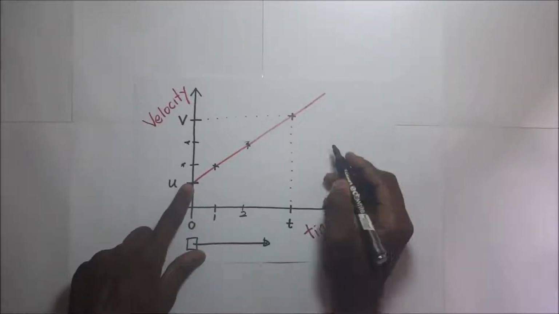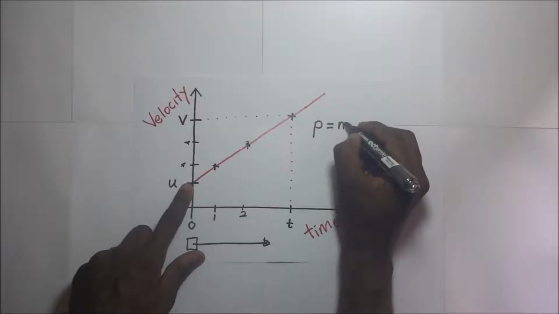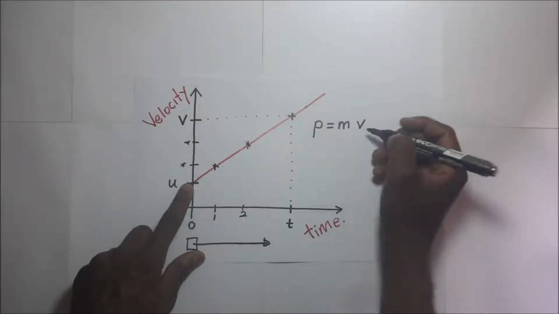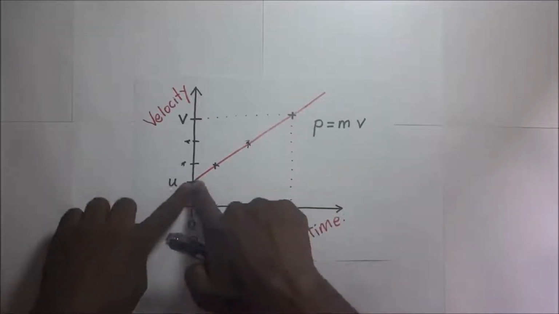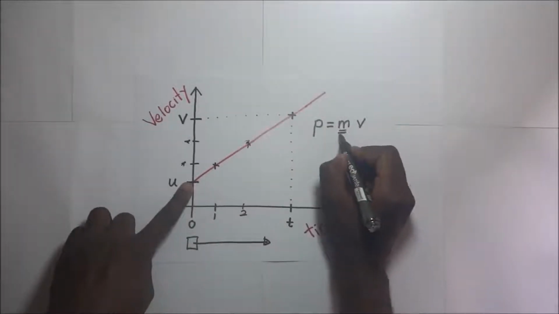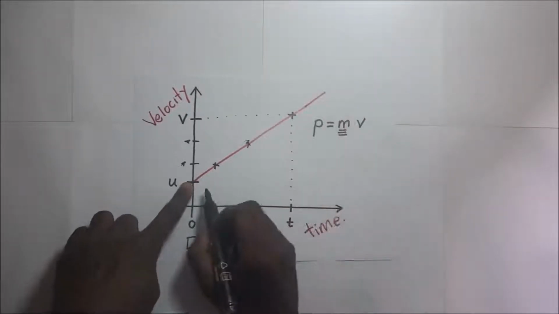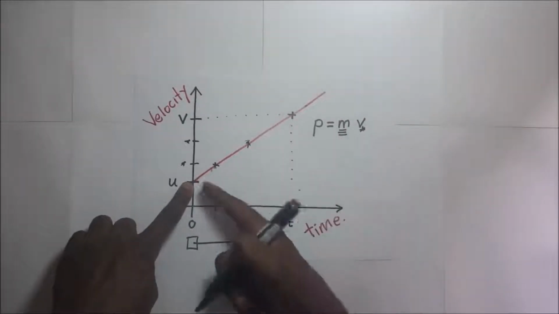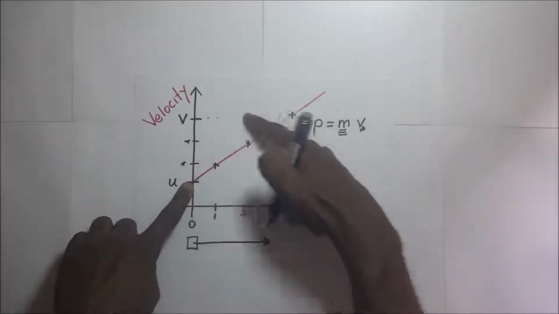Now remember, we said that momentum, which is denoted by p, is equal to mass times velocity. If we are looking at a specific car, it means that as this car is moving, its mass will be constant. It won't change. But its velocity is increasing from this initial velocity up to a certain final velocity we shall call v.